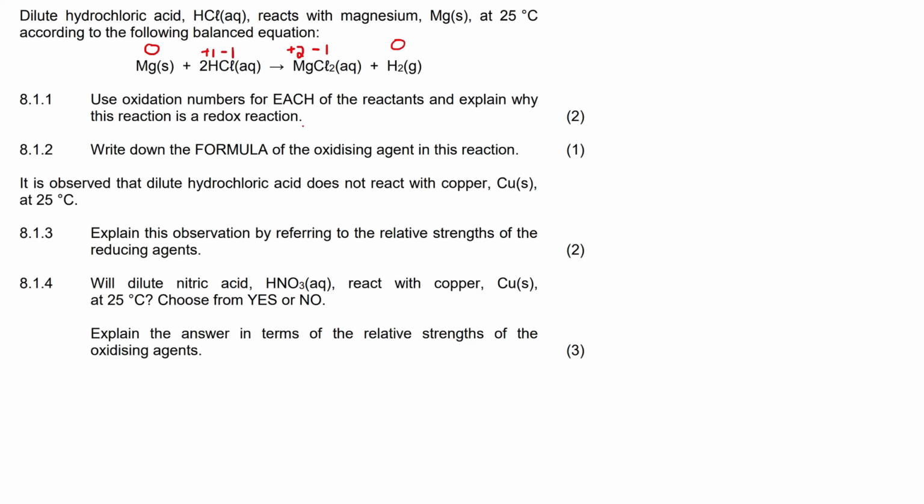Okay, so why is this a redox reaction? A redox reaction is when oxidation numbers change. So what we can see is that magnesium goes from 0 to positive 2, and hydrogen goes from positive 1 to 0.